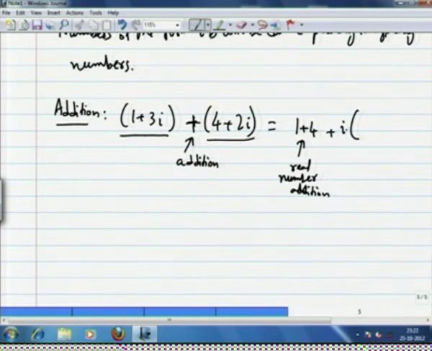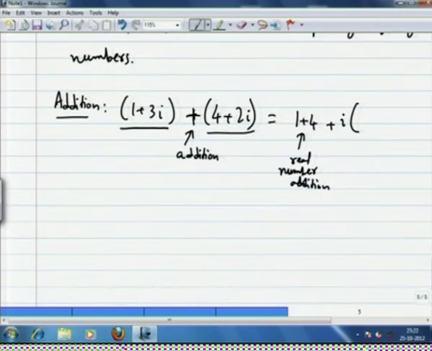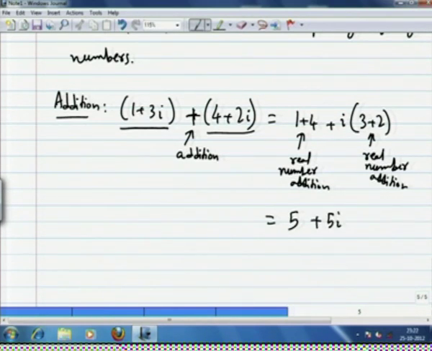Once again this times is an artificial thing. It is just a notation for now, plus I times 3 plus 2. So, you add the imaginary parts, which are once again real numbers. So, this addition is real number addition, to get 5 plus 5 I or I times 5.